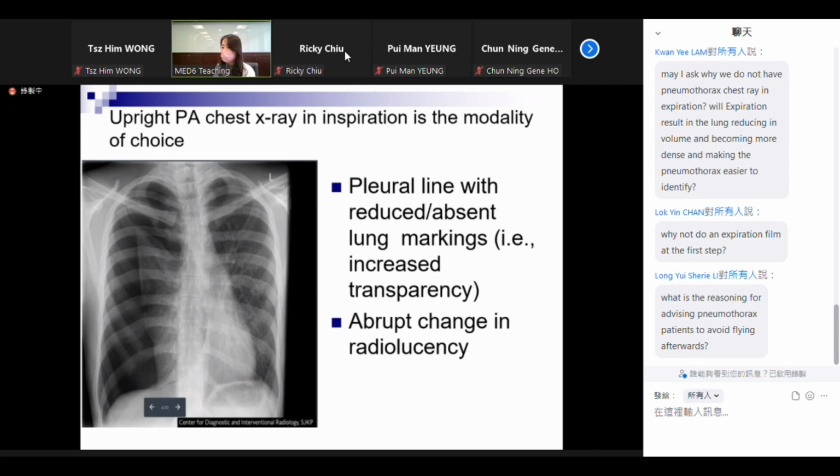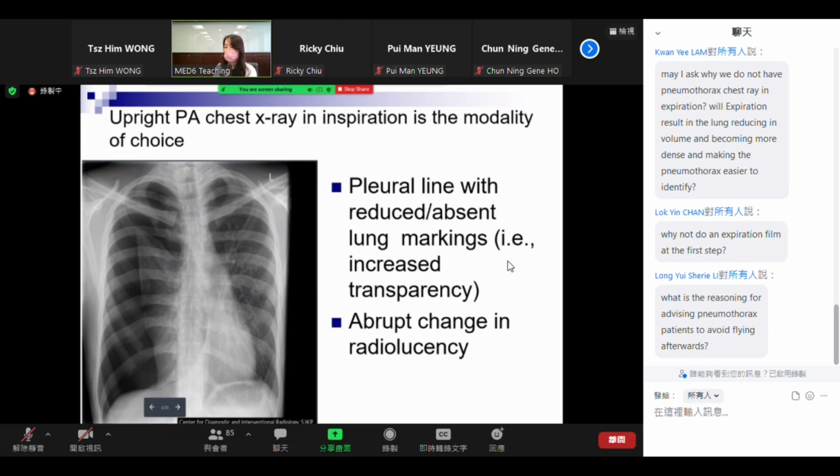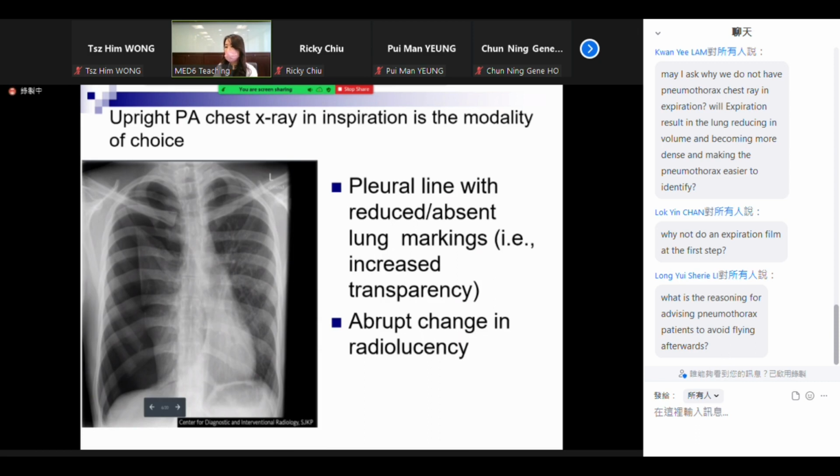The flying advice, right? Yes, this is an important question to address to the patient as well. If the patient has resolved pneumothorax, meaning there's no more pneumothorax on the chest X-ray, then we will advise the patient not to fly for 2 weeks to 6 weeks. It depends.